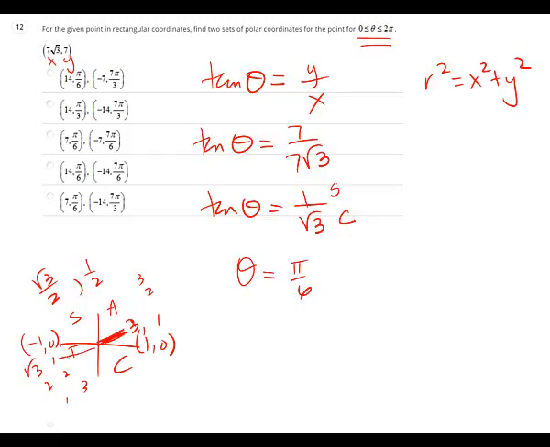What's that measure right there? If this one is pi over 6, what's this one then? Sorry, this one's 6 pi over 6, so this one has to be, look at your choices, 7 pi over 6. Alright, so those are my 2 radian measures.